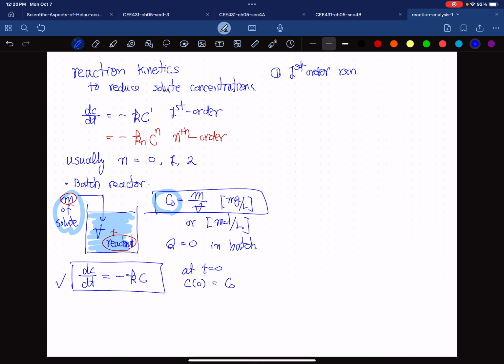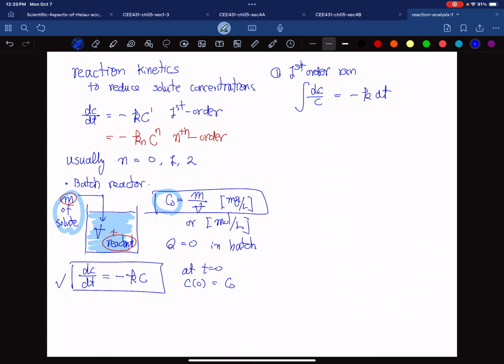So if I rewrite the governing equation in a different form, that would be dC over C equals negative k dt. You could integrate both sides with respect to concentration C and time t.